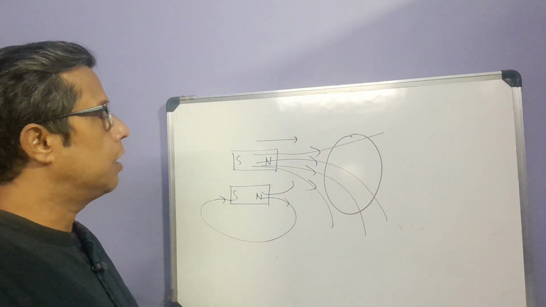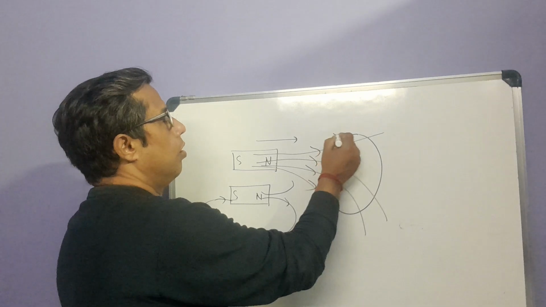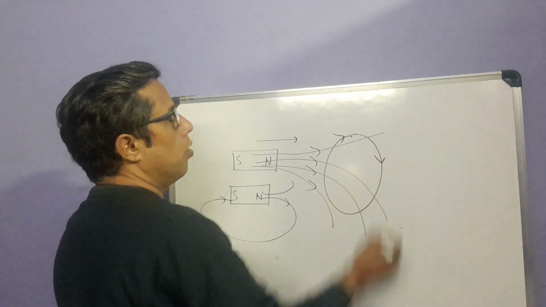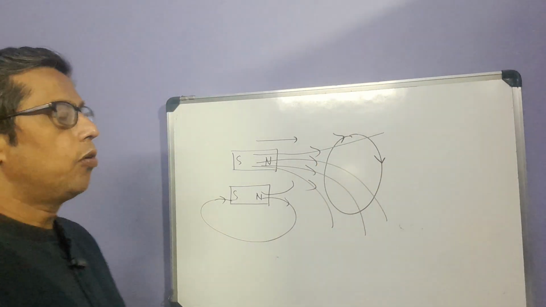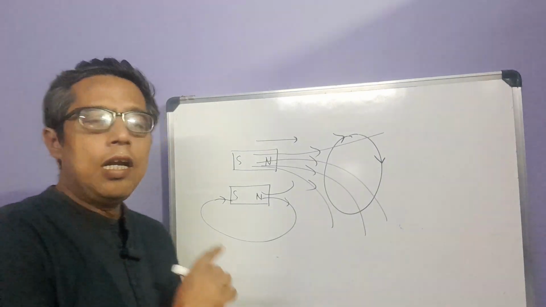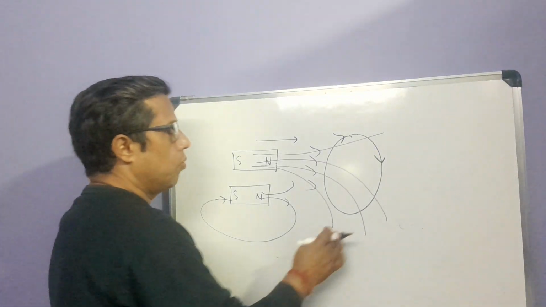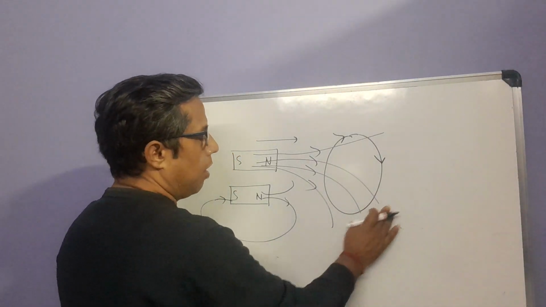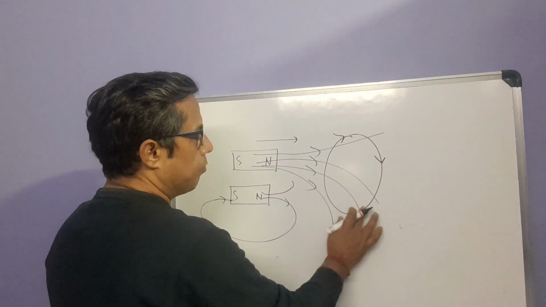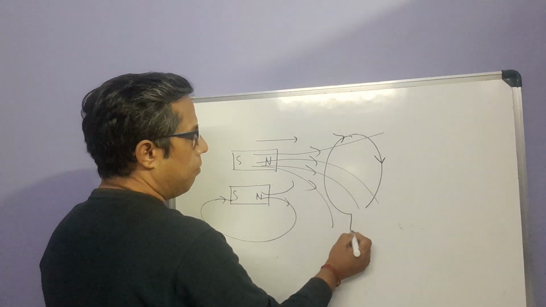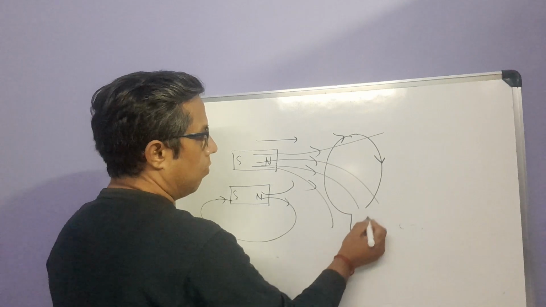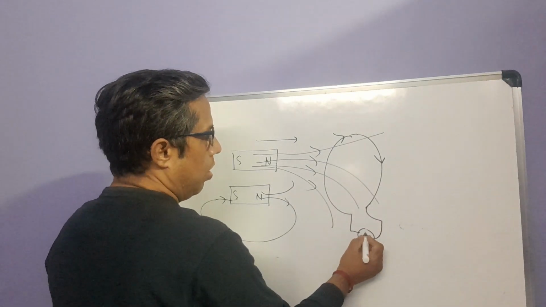Whenever there is a change in flux, a current will be there, because change in flux produces induced EMF, and induced EMF produces current. So how do we understand that current? Let's say I take a galvanometer here with this coil. So what happened?